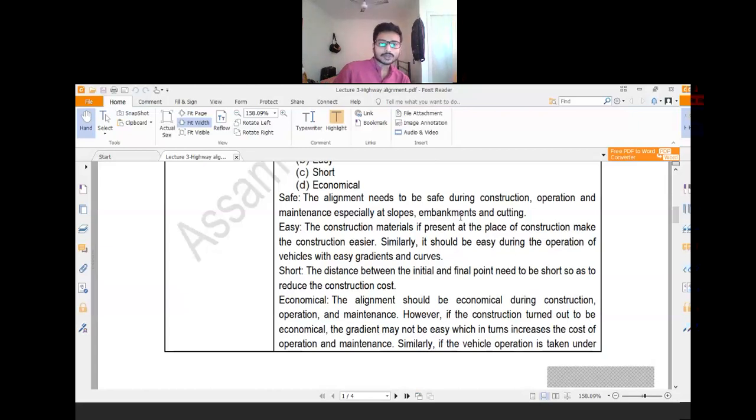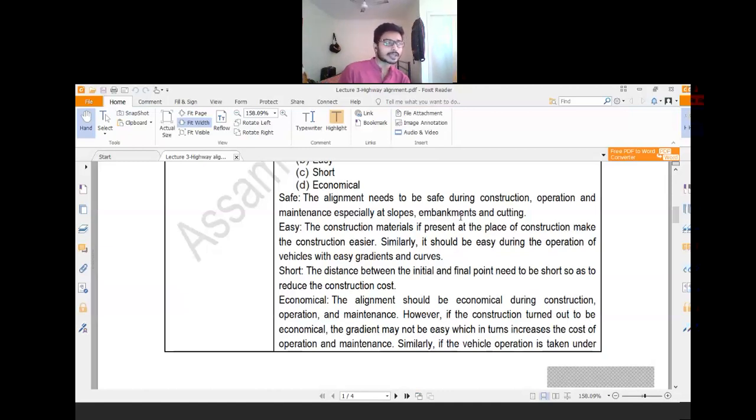Now, how can we make the alignment economical in terms of construction, operation, and maintenance? Suppose all the raw materials are available within a short distance of your alignment, in that case it will reduce the construction cost.